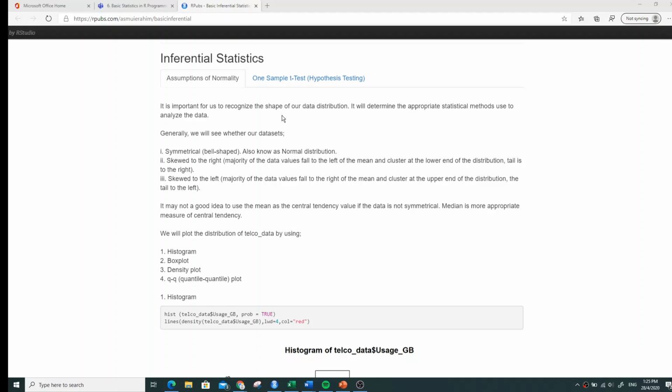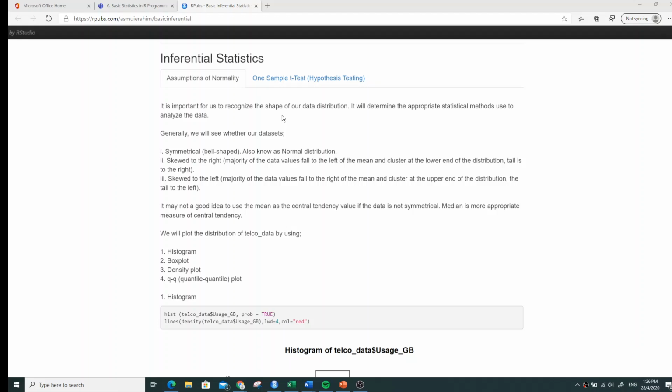So we want to take a look at generally what the characteristics of our data are. Depending on the characteristics, it will affect the selection of our statistical analysis, whether you use mean or median.